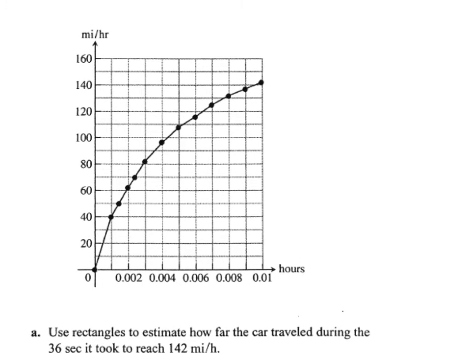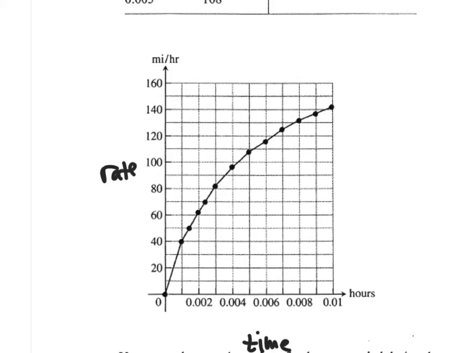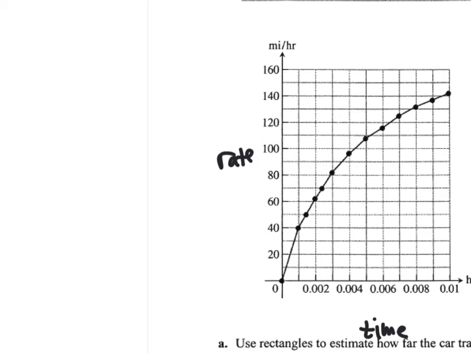Now remember, if we're trying to find distance, we want to multiply the rate times the time, and that's going to give us our total distance. So if we take this axis and multiply it by this axis, it gives us the total distance. Distance is equal to the rate at which we travel times the time.